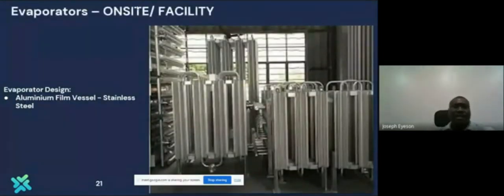Another component installed at this facility is the evaporators. Evaporators are mainly for converting the liquid into the gaseous state, because at the patient side you don't give the patient liquid oxygen, you give the patient gas. In doing so, you need an evaporator.